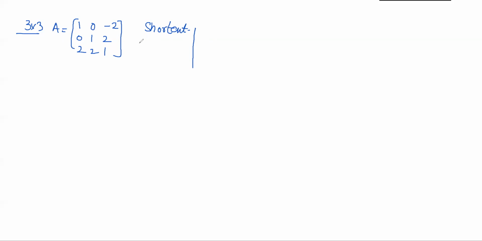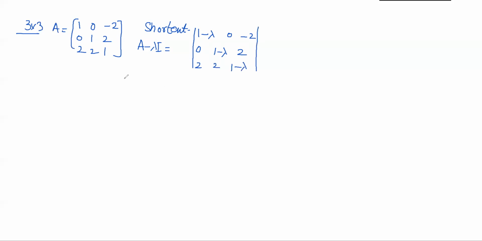So if we say A minus lambda I, the only change will be in the diagonal elements. So it will be 1 minus lambda, 0, minus 2, and 0, 1 minus lambda, 2, and then 2, 2, 1 minus lambda.